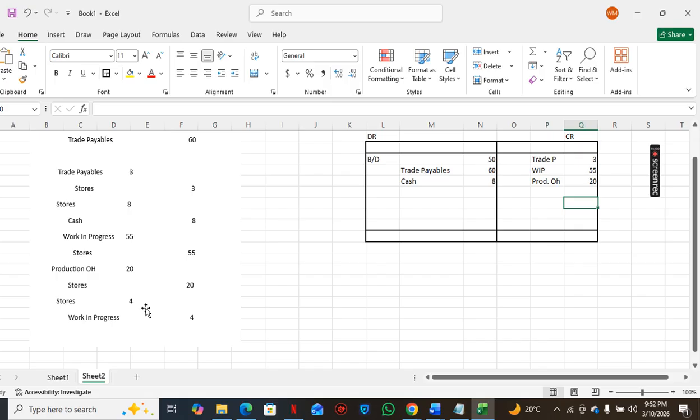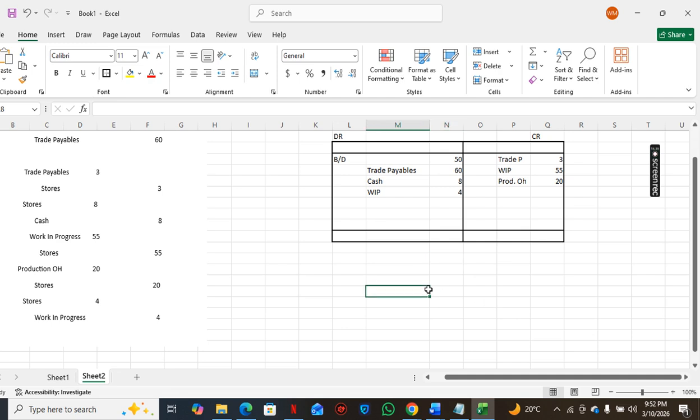The final transaction: goods are returned from work in progress back to stores. So we debit stores 4 million here. Details, put work in progress, 4 million. Okay, so we can now balance off the account.